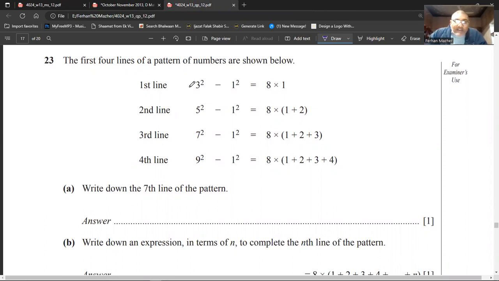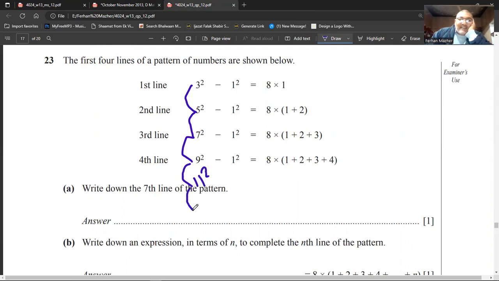So if you look at this carefully, what is happening here? You add 2 and you take its square. Minus 1 square is still the same. And for line 1, it's 1, for line 2, it's 1 plus 2, for the third line, it's 1 plus 2 plus 3. What will be for the 7th line? So when I add 2 further, it will become the 5th line, and that will be 11 square.